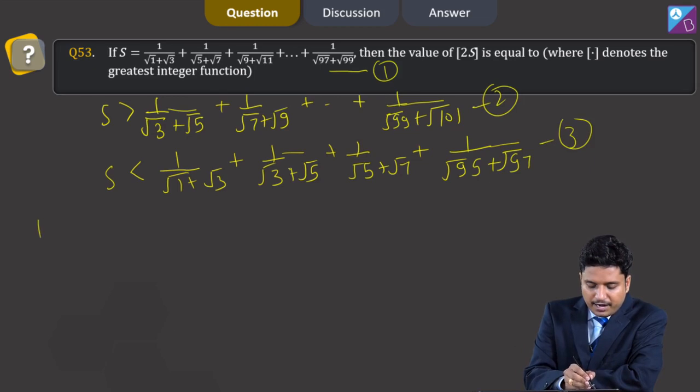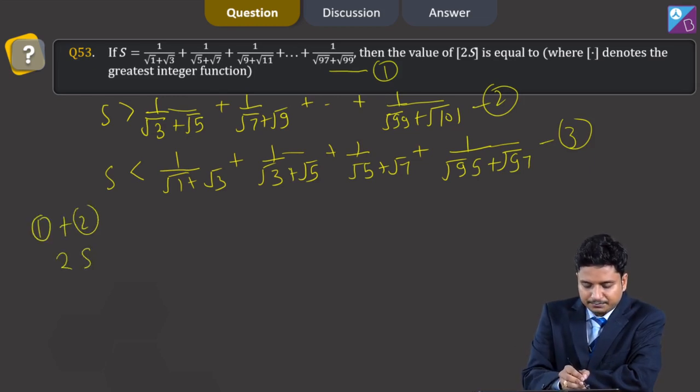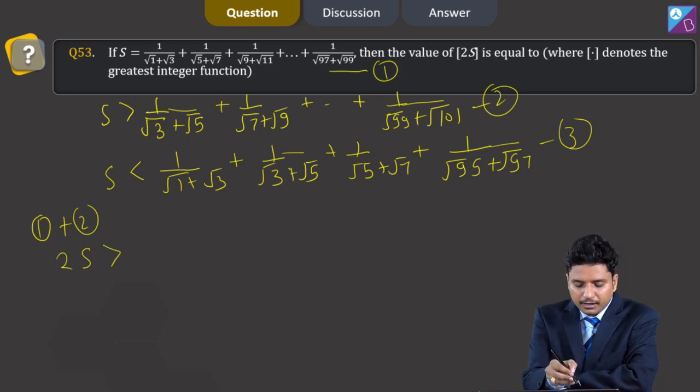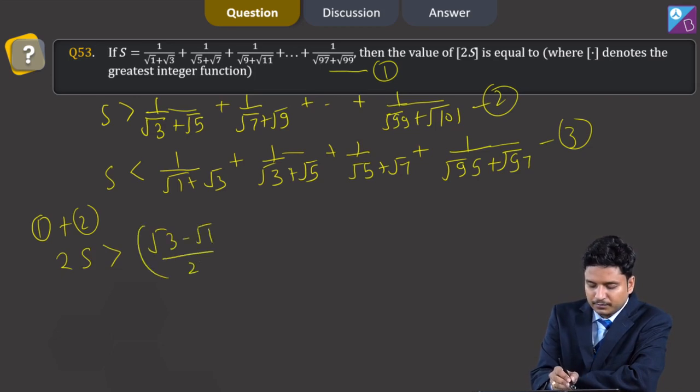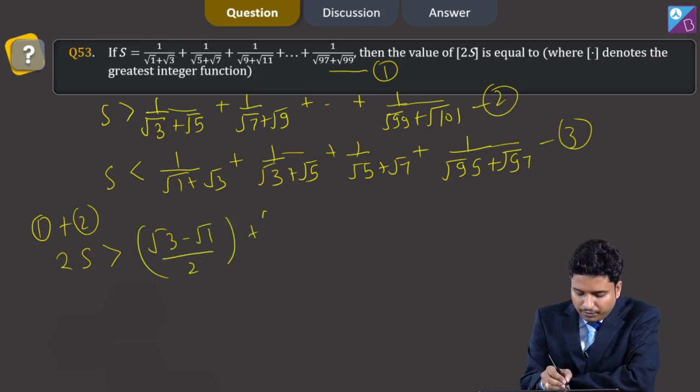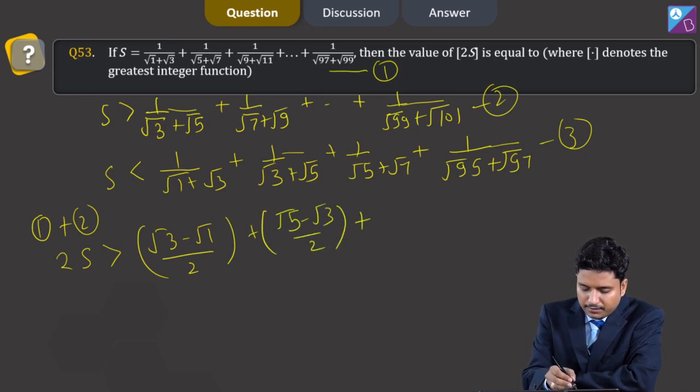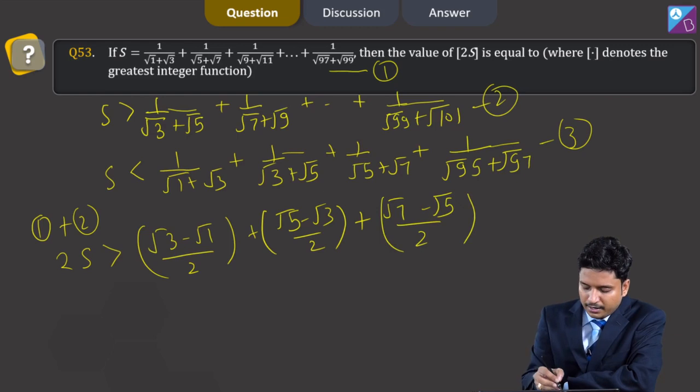By adding 1 and 2, we will get s plus s, that is 2s, greater than 1 upon root 1 plus root 3, which can be considered as root 3 minus root 1 by 2, root 5 minus root 3 by 2, plus root 7 minus root 5 by 2, plus root 9 minus root 7 by 2.